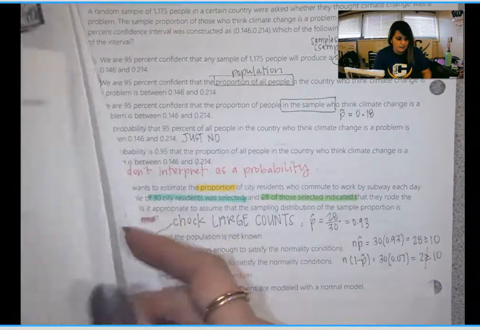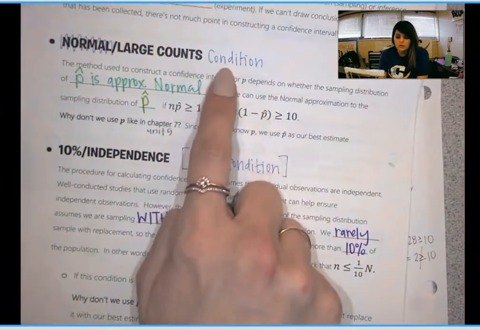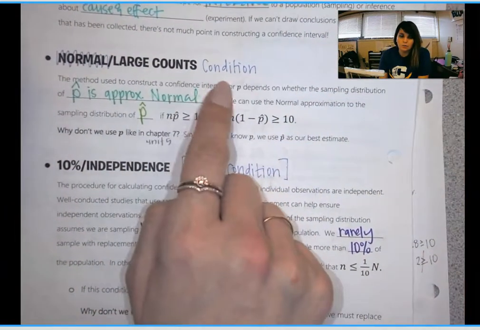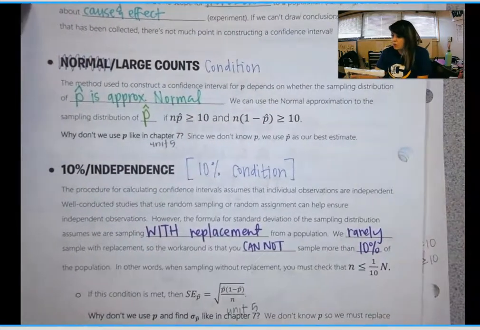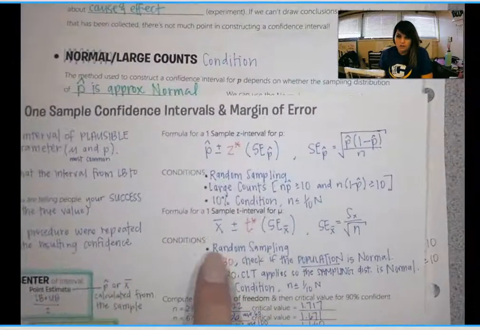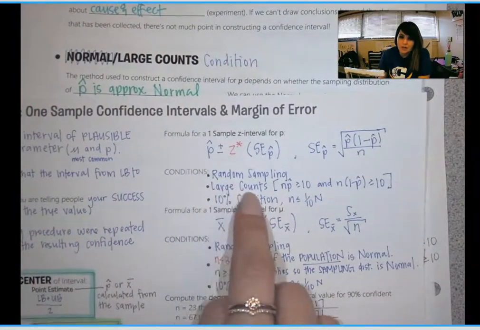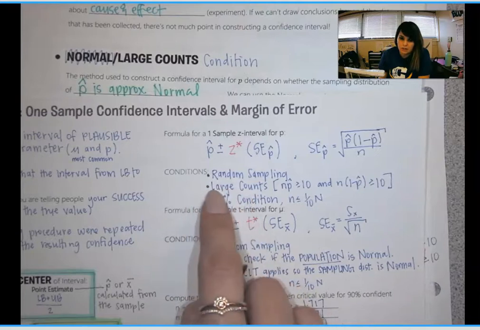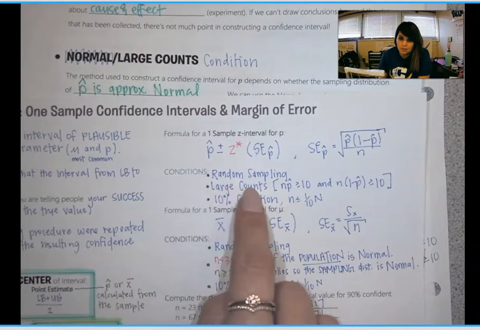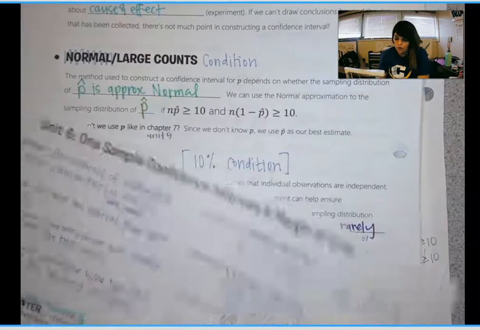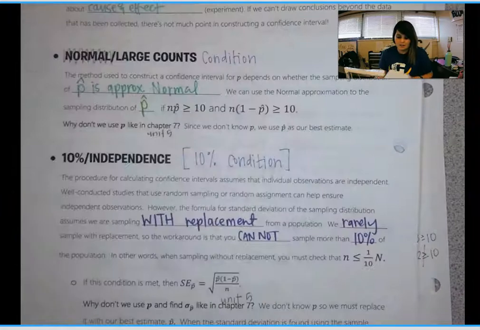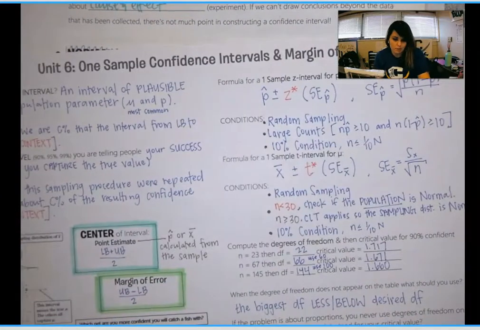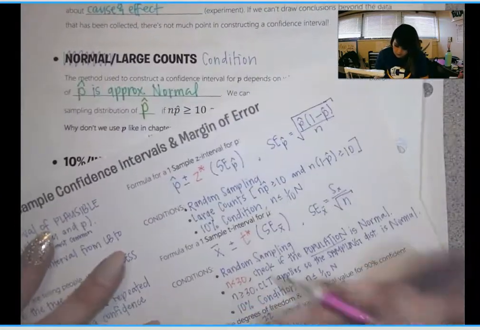And that is large counts. So I need to check large counts to verify that my sampling distribution is normal. So that is not on here. So maybe you want to add in here, large counts is talking about whether the sampling distribution is normal, or maybe you want to add it in here into the space that I left you. So I'm going to grab a pencil really quick and add that into mine.